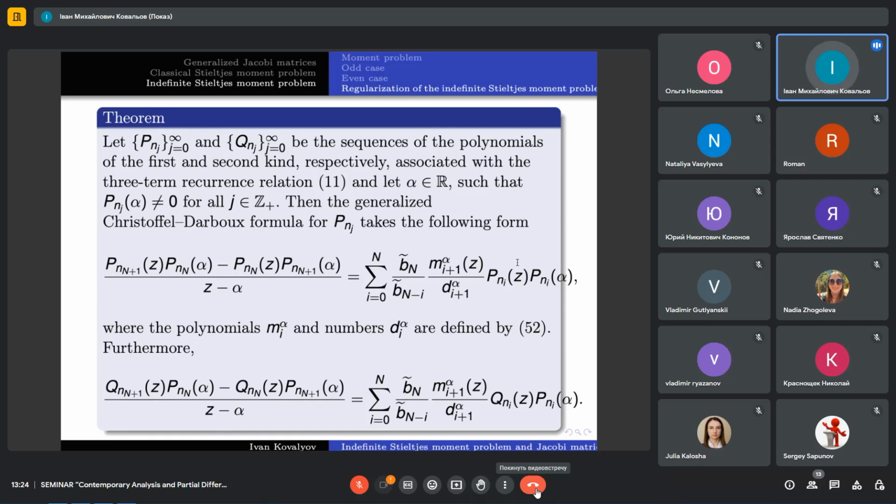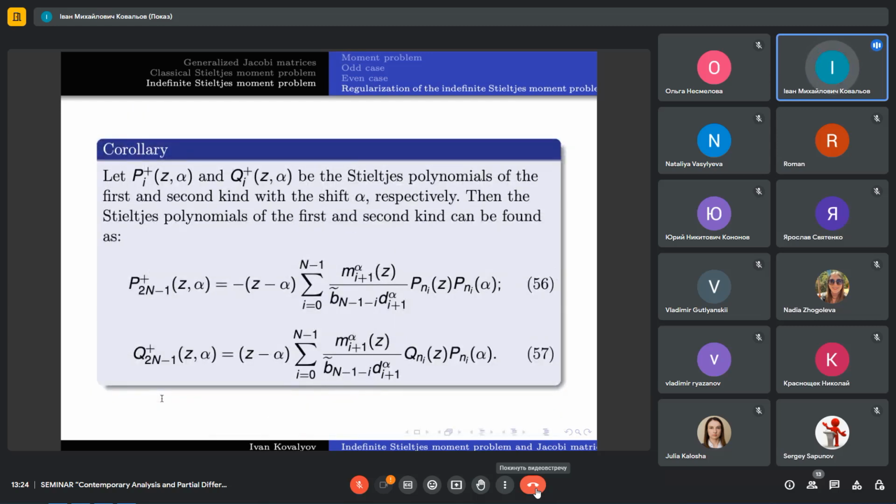Then the generalized Christoffel formula for P takes the following form, and a similar formula for polynomials Q takes the following form. So in these terms, we can find another representation for Stieltjes polynomials, and we can see formulas 56 and 57.